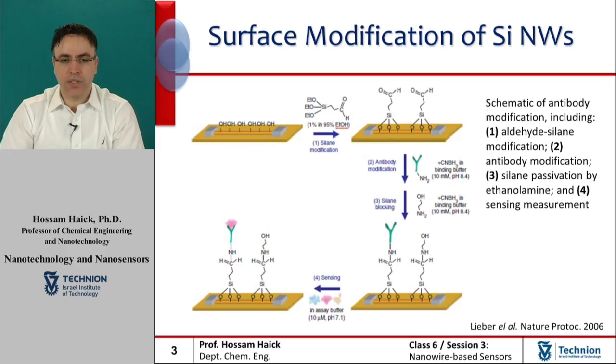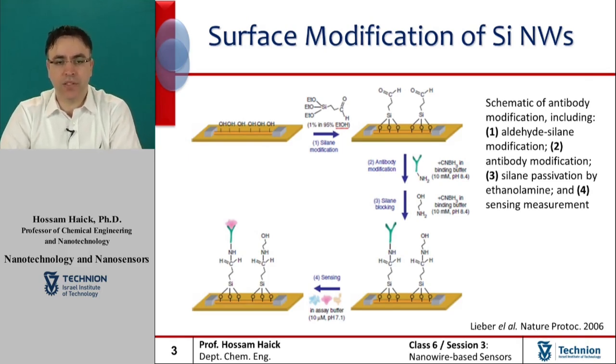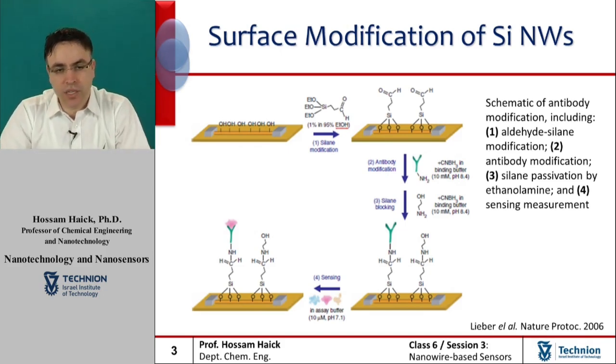In a few instances, the molecular layer can be used as an intermediary to connect other functional groups that cannot stick or bond directly to the silicon nanowire surface. In the presented case on the screen, the aldehyde silane molecules on the surface are used as a mediator to connect antibodies that shall serve for sensing the targeted molecules in a liquid phase.